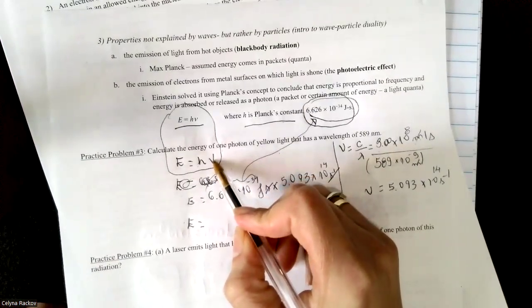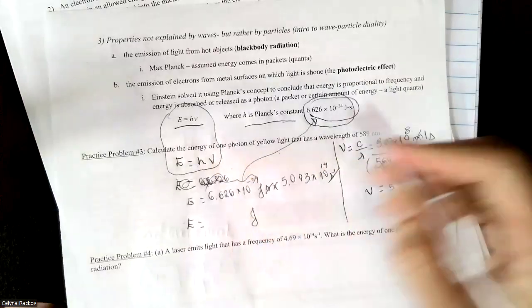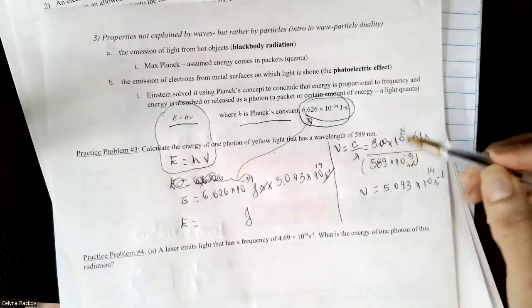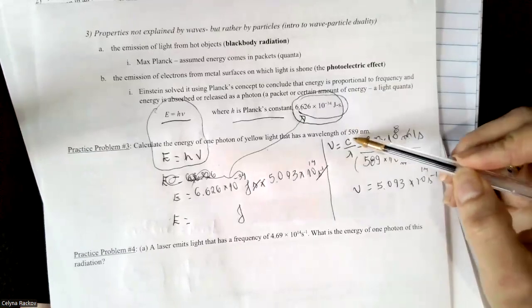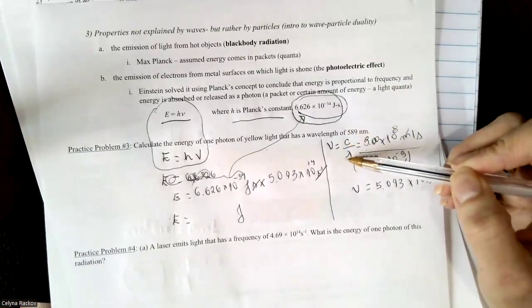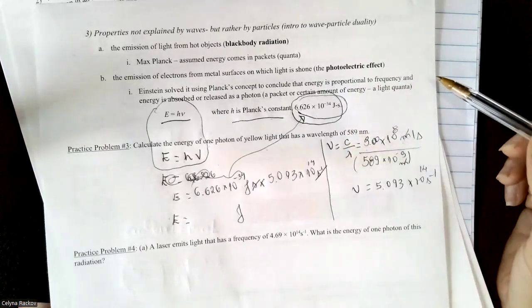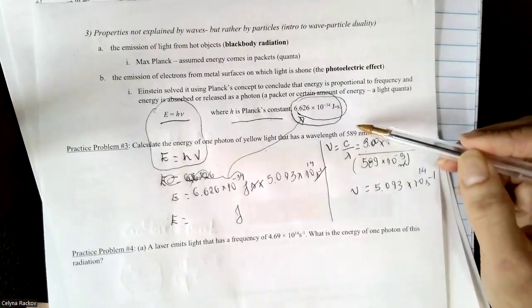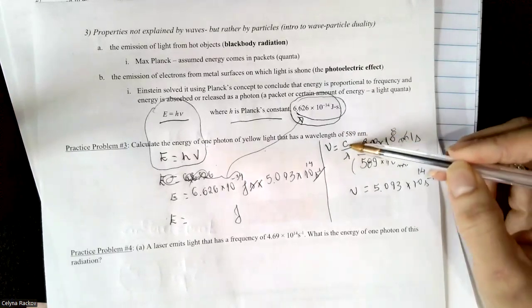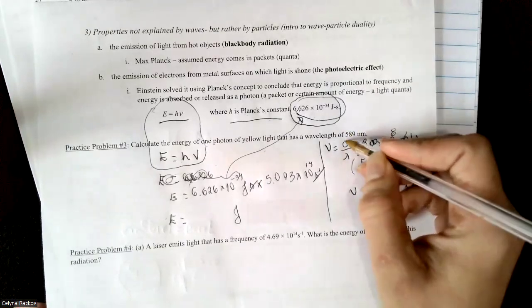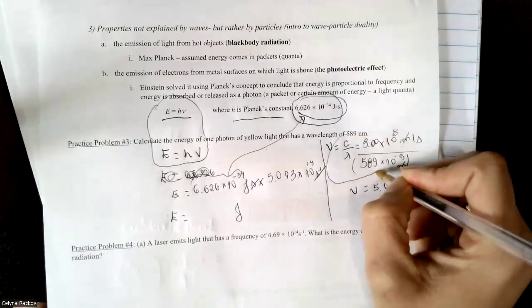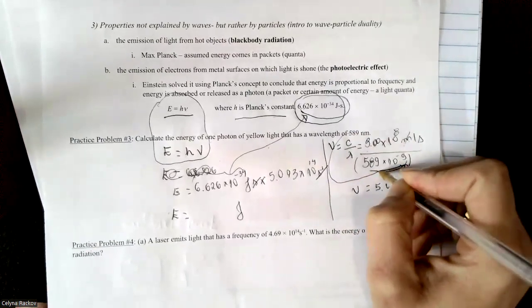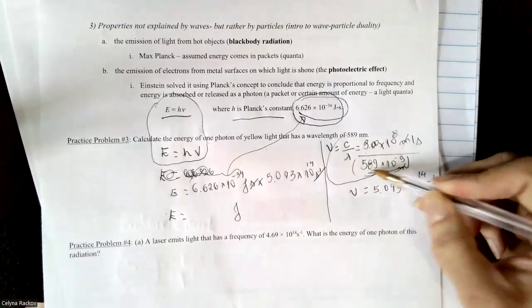How can you calculate frequency? From the previous page, frequency is speed of light divided by wavelength in meters. The wavelength given here was in nanometers, so you can just multiply directly by 10 to the -9 to convert it from nanometers to meters.